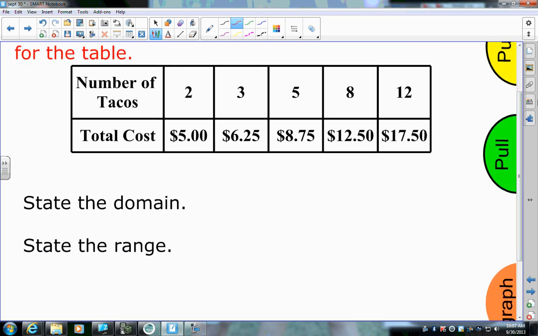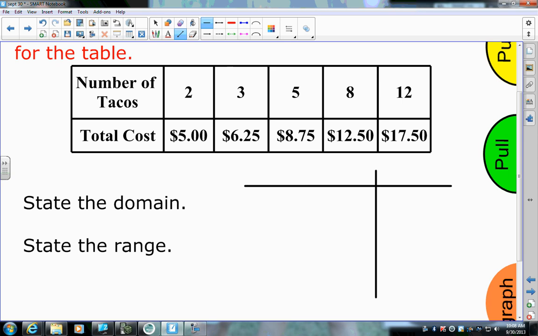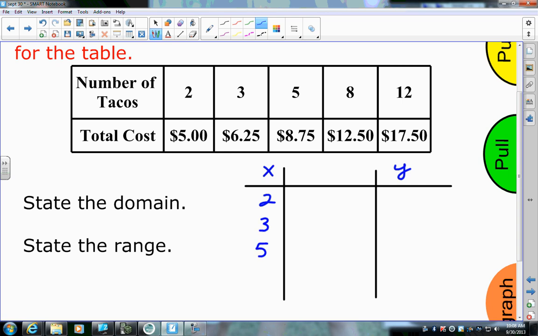Now, when I go to write my equation, I like to turn mine so that it is vertical, not horizontal. So I have X and I have Y. So I'm going to have 2, 3, 5, 8, and 12.